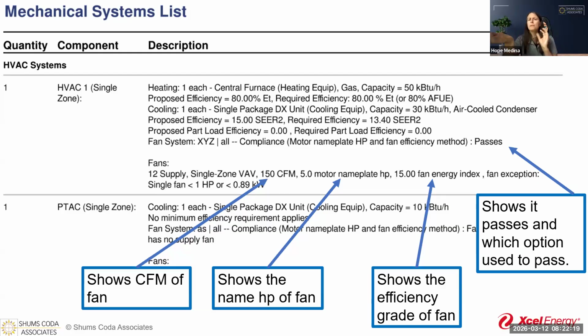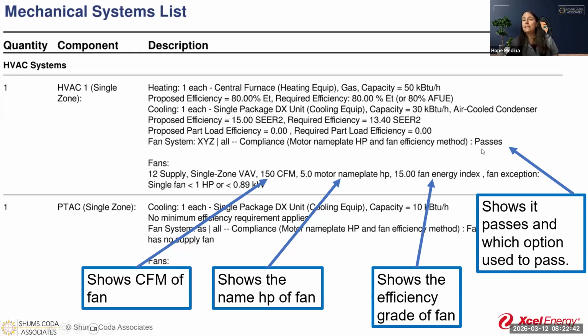That one's a little bit more complex than this one. The motor nameplate, I'd say, is probably used 9 times out of 10. But it is an option. So dealer's choice. It's not something that we as code officials would choose. It's the choice of the designer as to which way they want to gain compliance with it.